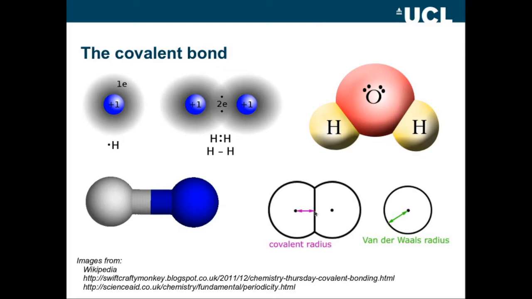We can also define a covalent radius, which for two atoms is half the sum of the distance between the centres when those two atoms are the same.